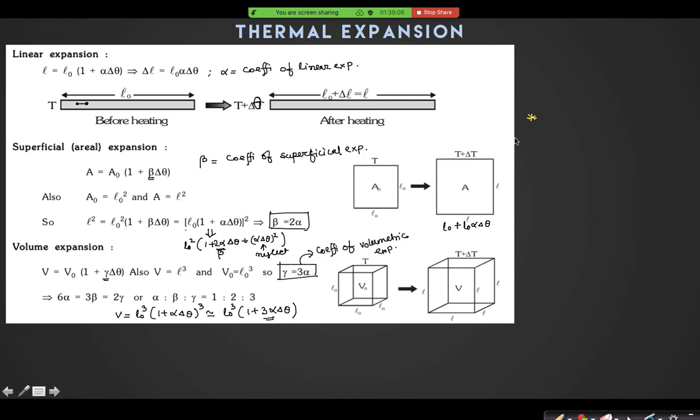So if nothing is mentioned, we will always assume an isotropic material. Isotropic means the alpha remains the same in every direction. Why is it so in graphite, where the coefficient of linear expansion varies in different directions? It is because of the structure of the molecule.